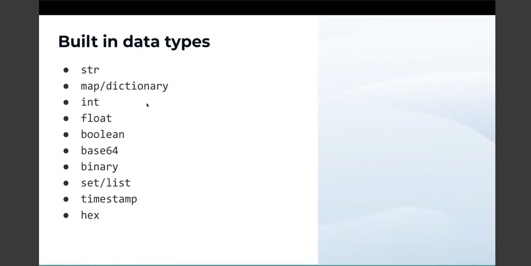But PyYAML, at least the version of PyYAML that I have, doesn't support base 64 directly. Okay, so the main thing is you have to understand what your parser supports and deal with it appropriately. So for example, if I wanted to use base 64, I would have to have it in there as a string and then manipulate it through my Python script.